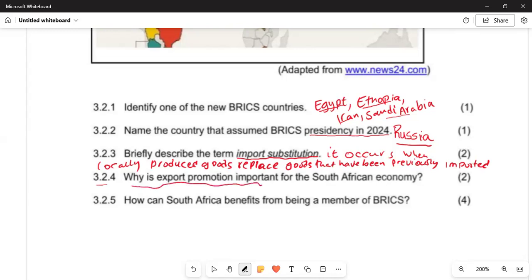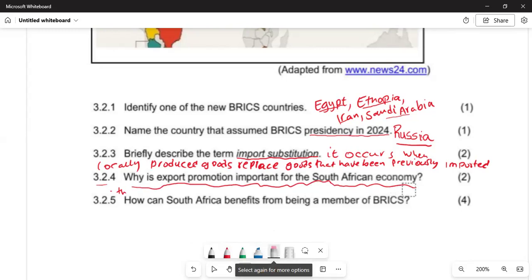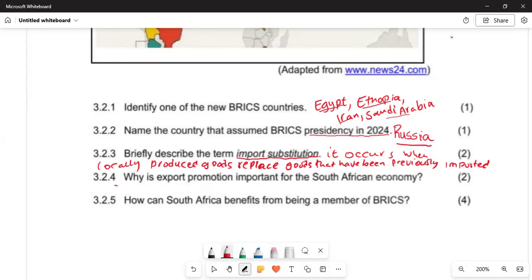It is important because the country achieves significant export-led economic growth.